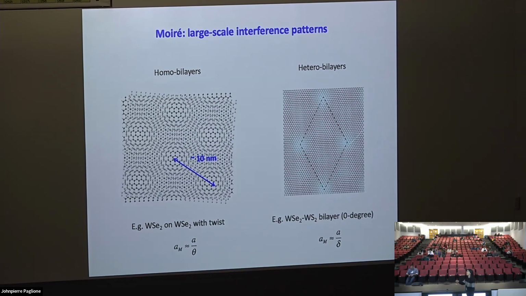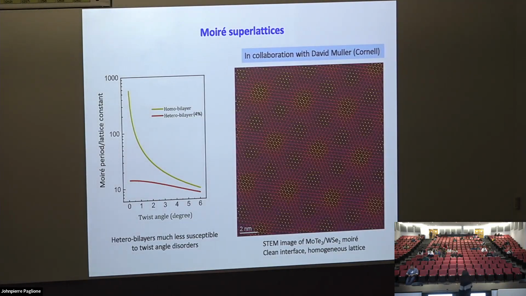You can also get this moire pattern. And here is one example from our group at Cornell. So what you are looking at here is moire bilayer made of molybdenum telluride and tungsten selenide. And this is 60 degrees. And the color here, heavy elements showed up more.